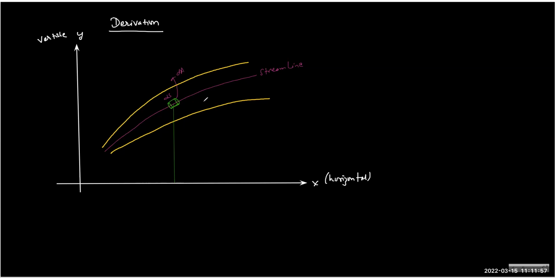So ds is the length and dA is the cross-sectional area, and now we need to draw the FBD.